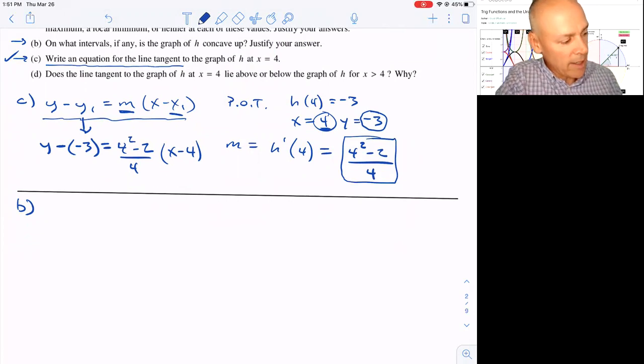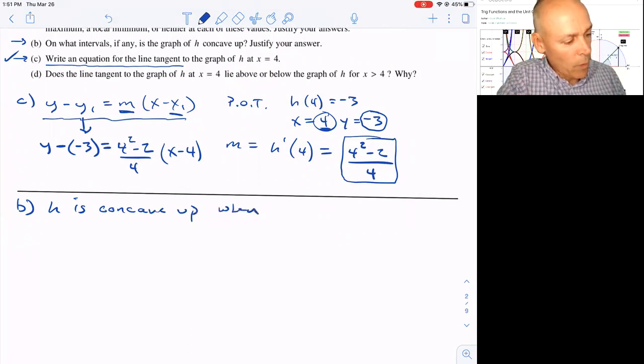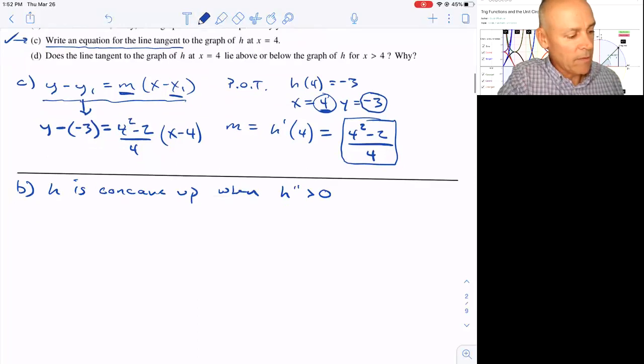So I'm going to say H is concave up when H double prime, the second derivative, that's one thing I can look at, when the second derivative is what? When the second derivative is positive. Okay. So H is concave up when H double prime is positive.